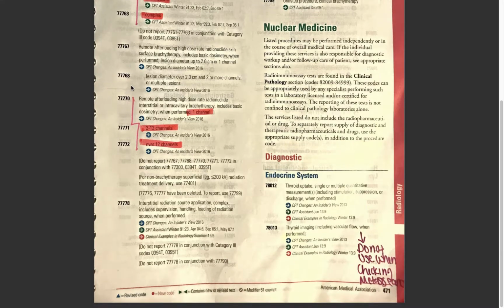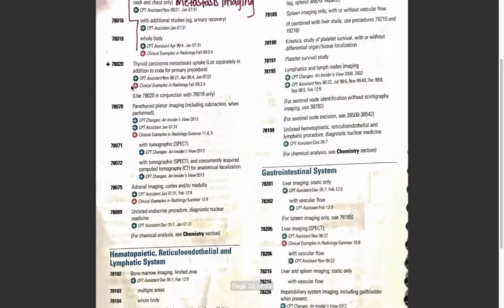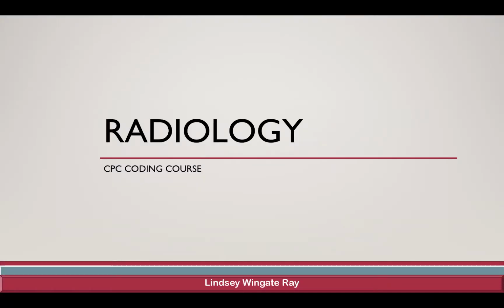Under nuclear medicine, I have a note from the endocrine system where it says thyroid imaging, do not use when checking for metastasis of cancer, because the code on the next page is used for metastasis of cancer, 78015. That's the end of the radiology section. Make sure to study and then take your exam.